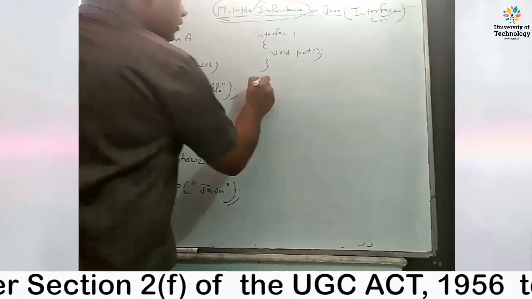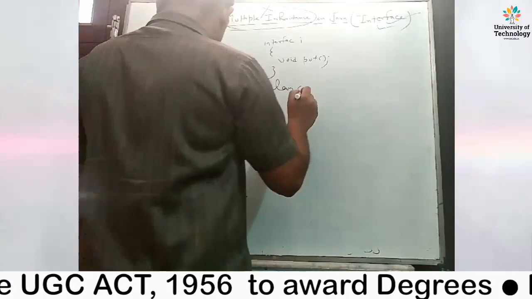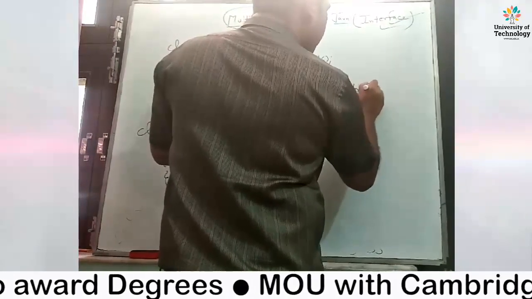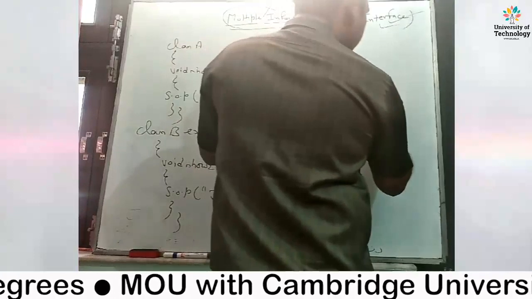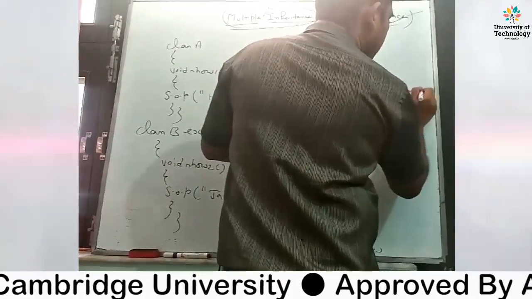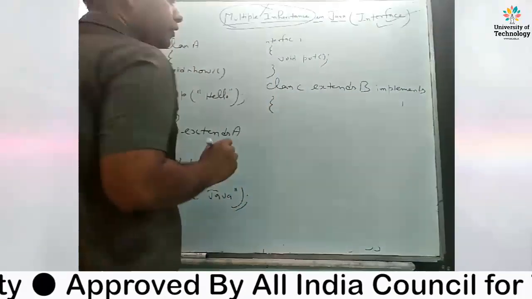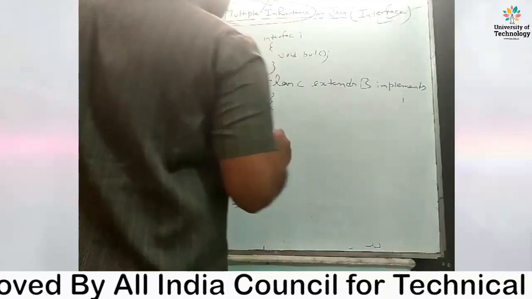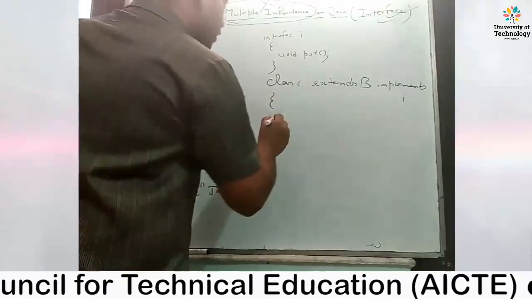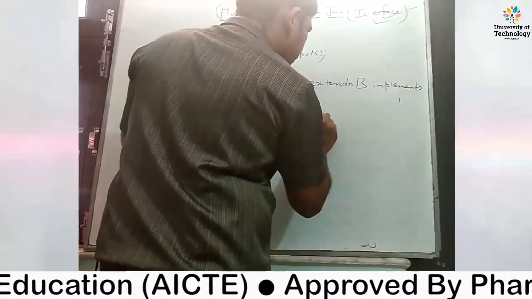Now next, class C extends B implements I. Next, public void put.